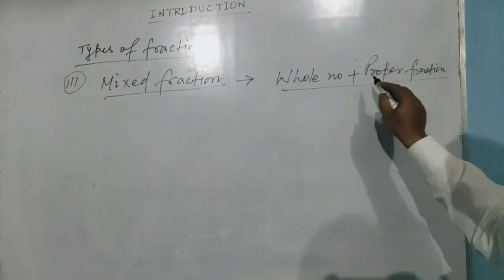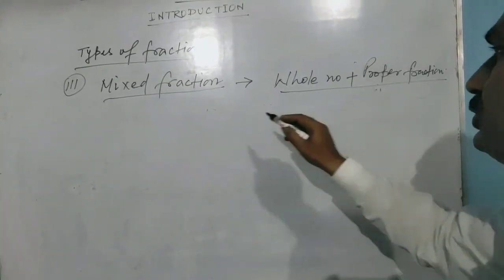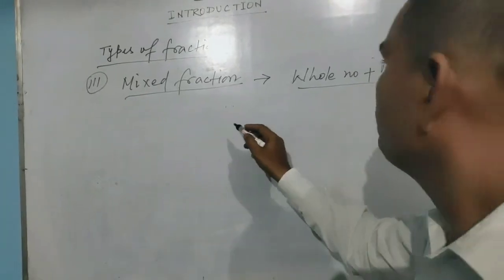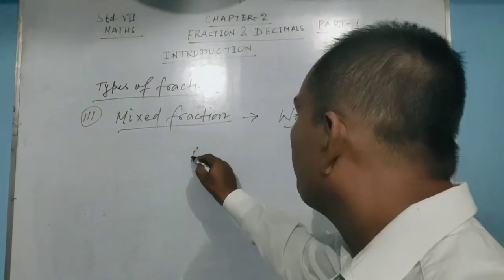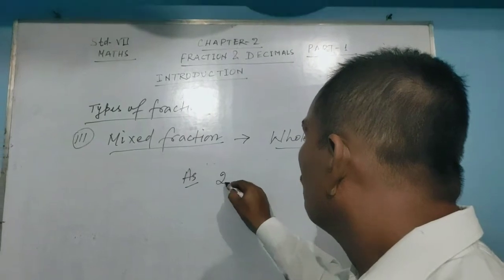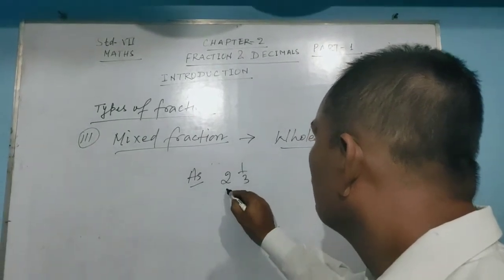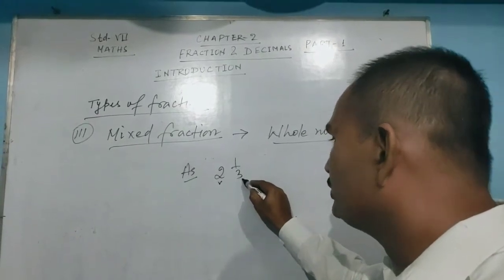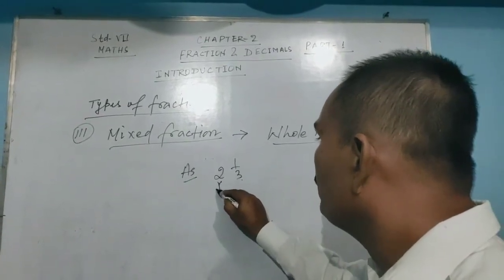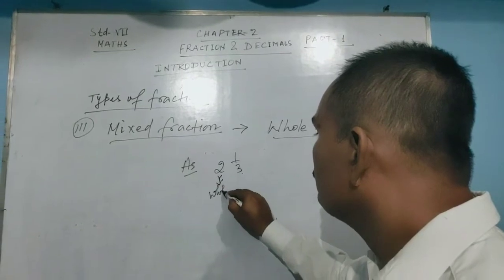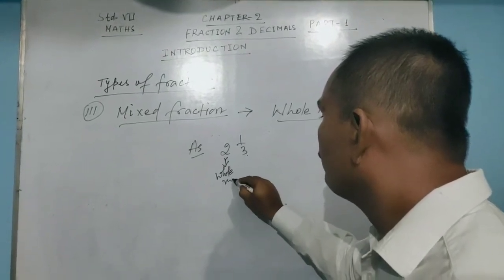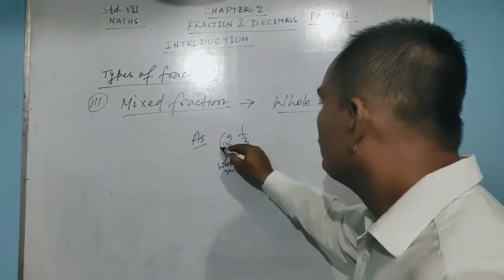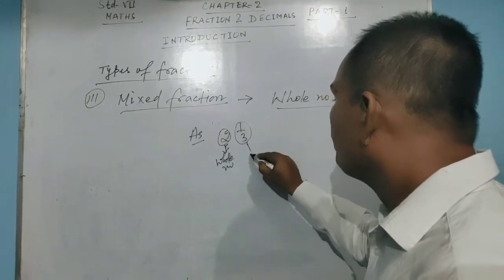Okay? Example, 2 whole 1 over 3. 2 is the whole number, 1 over 3 is the proper fraction.